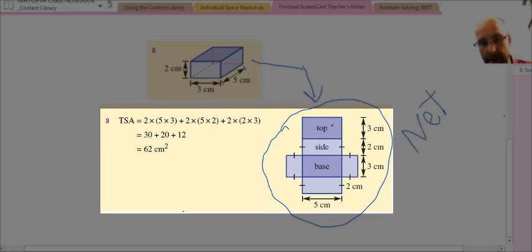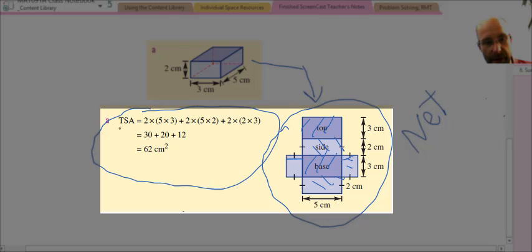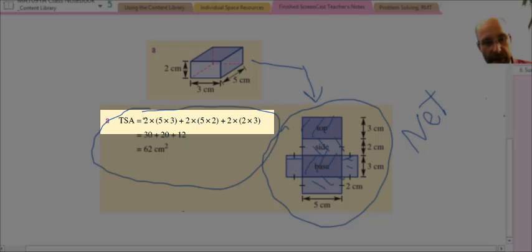And that net is a handy diagram which shows you all of the rectangles we need to add the areas of, which are all length by breadth, and there's pairs of them. So if we see here, the working for it, total surface area of the shape is 2 lots of 5 times 3, and that's the top and the bottom. It's 2 lots of 5 times 2 added on to that, and added on to that is 2 lots of 2 by 3.